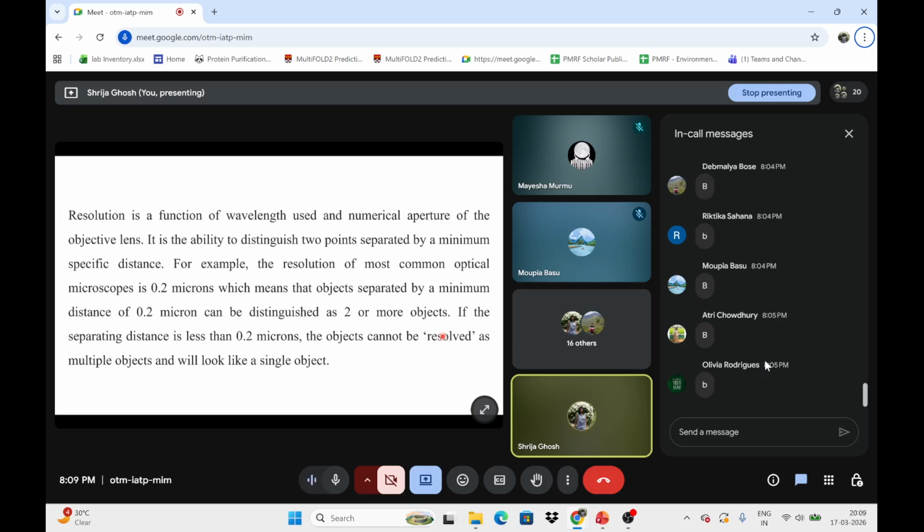So a microscopic image is nothing different from a normal camera image. It's just that it has a better resolution than your camera. Your camera can't see the bacteria, microscope can. That's the only difference. Anybody has any doubt? Any questions?